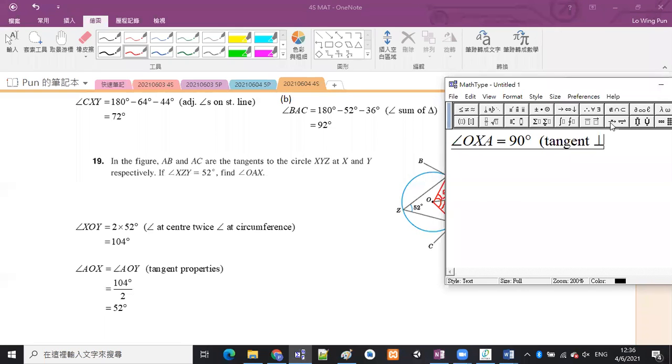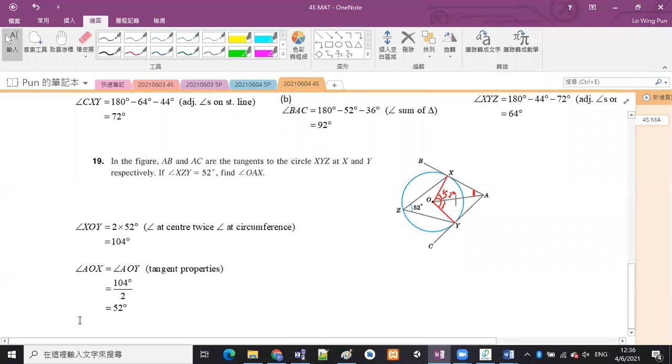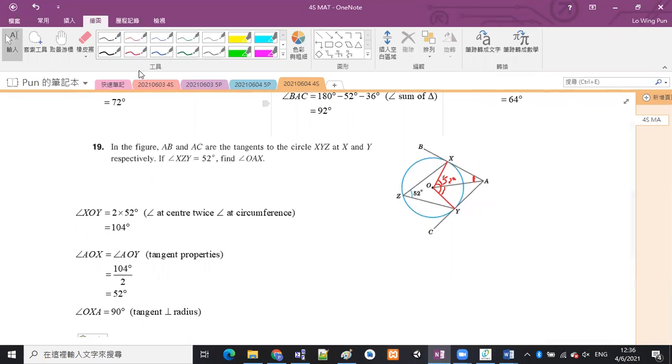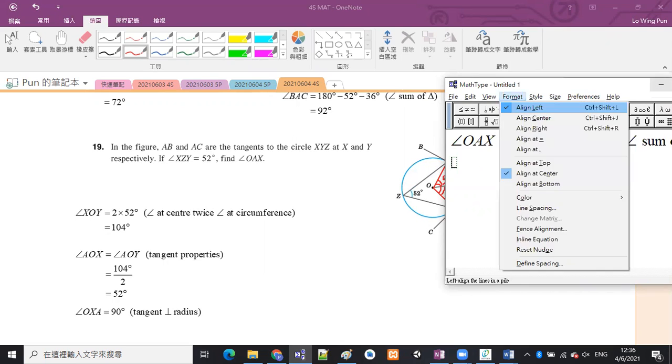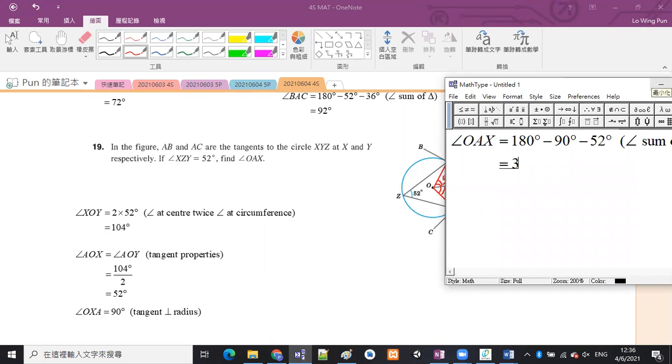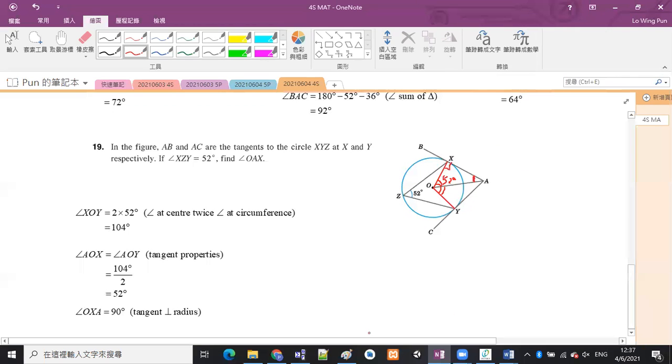Tangent perpendicular to radius. Okay, so just state that this is right angle. And then finally, we can use angle sum of triangle to find the answer. So angle OAX should be 180 degrees minus 90 degrees minus 52 degrees. This is angle sum of triangle. So the answer should be equal to 38 degrees.